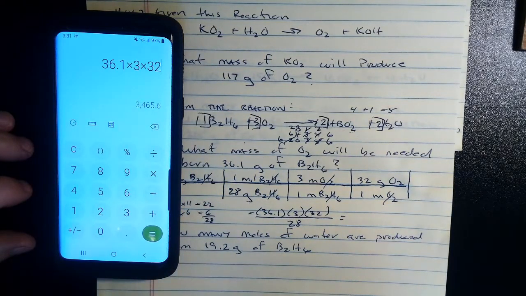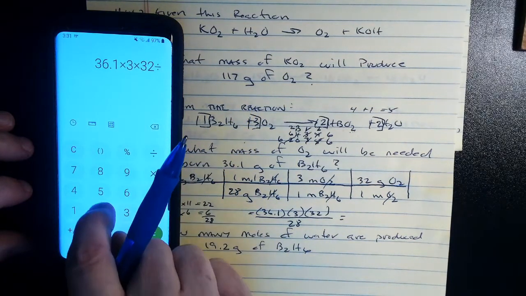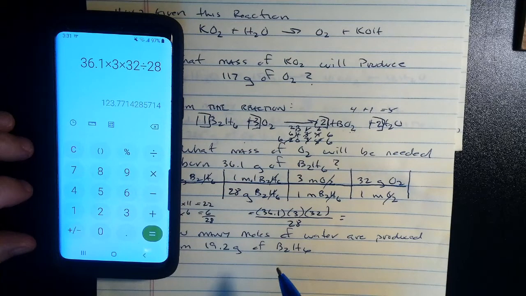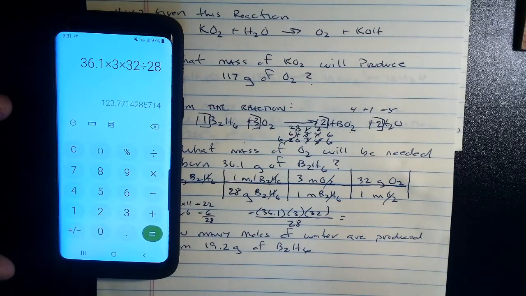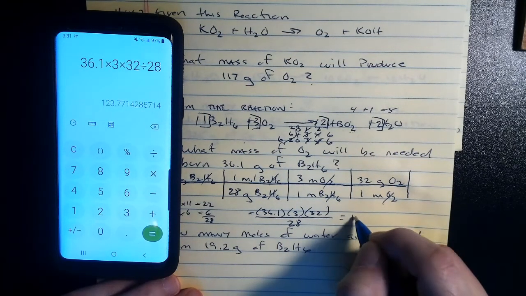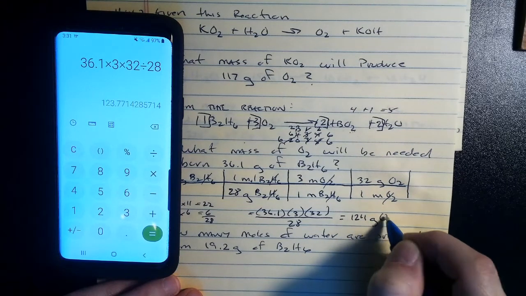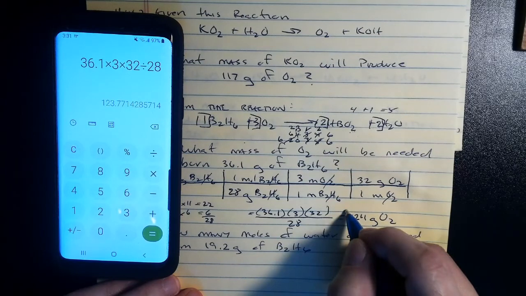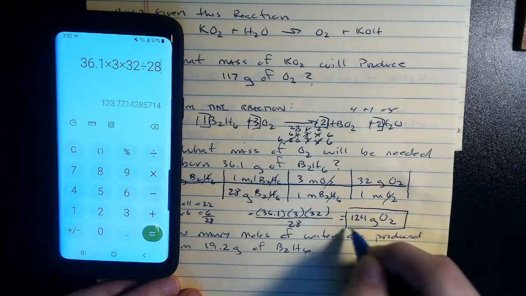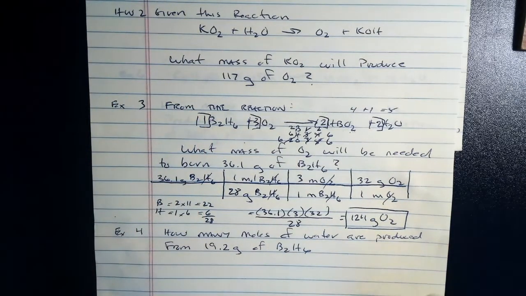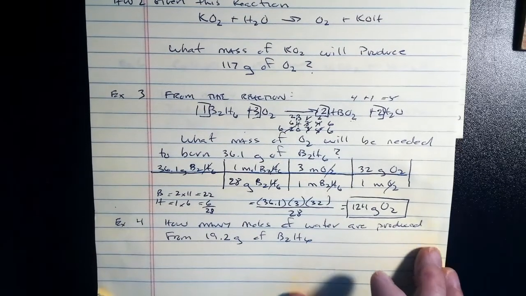And then we want to divide it by 28. It gives us 123.7. We're going to round this to 124. And we're in grams of O2. Put a nice little rectangle around it like that. And there we go.